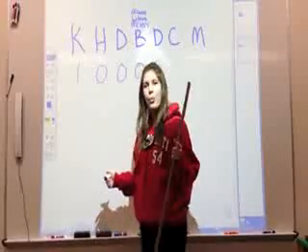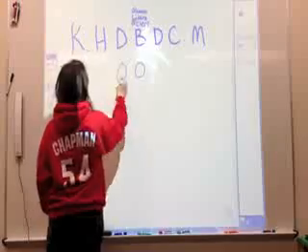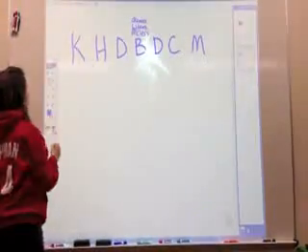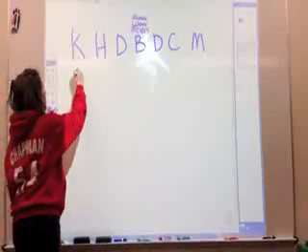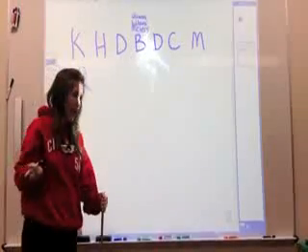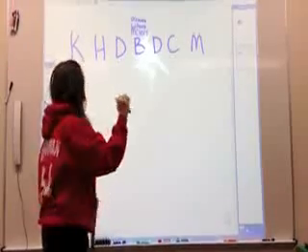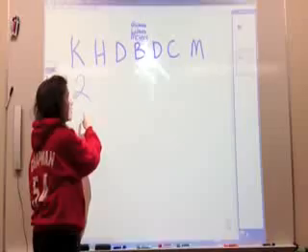Now we've been working with ones, but what if we wanted to find out how many meters were in, let's say, 2 kilometers? We're going to put a 2 here. And like I said, we're going to add zeros until we get to meters, because we're trying to figure out how many meters are in 2 kilometers.